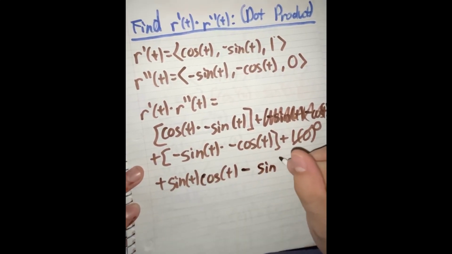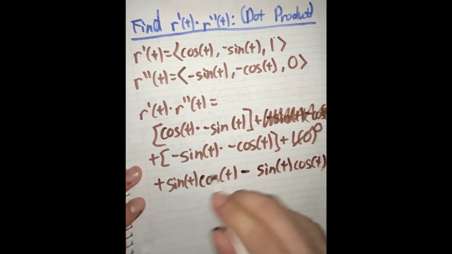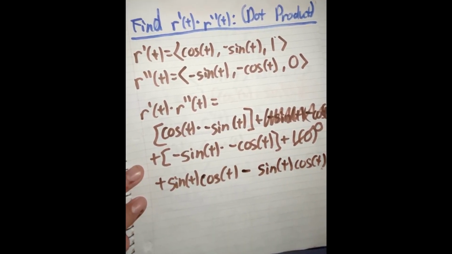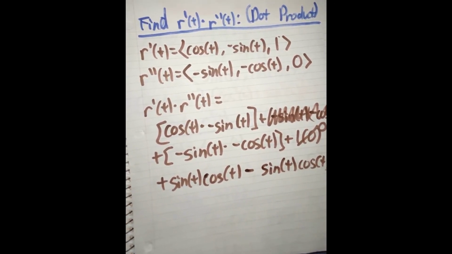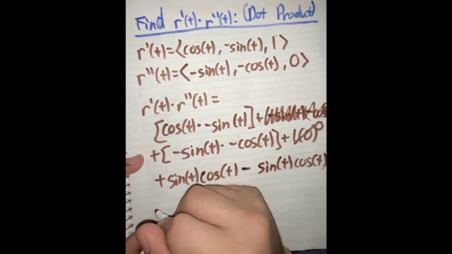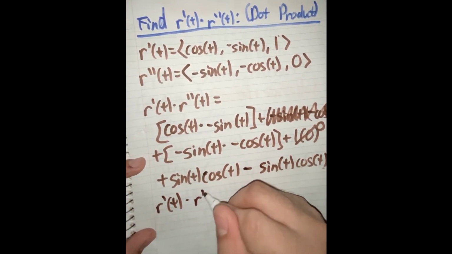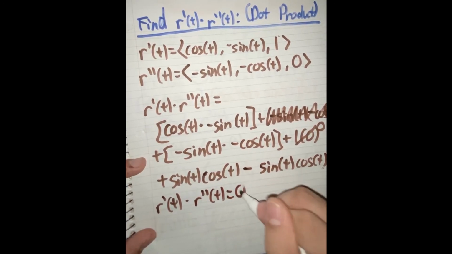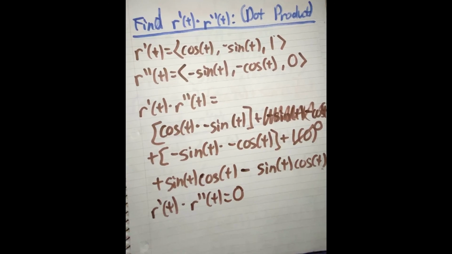All I did was flip the order, sine of t cosine of t. So this minus this is equal to 0. So r prime of t dotted with r double prime of t is equal to 0. Now what does that mean?